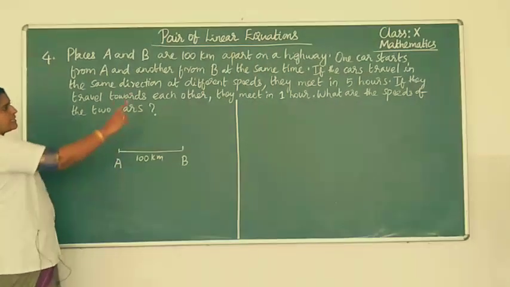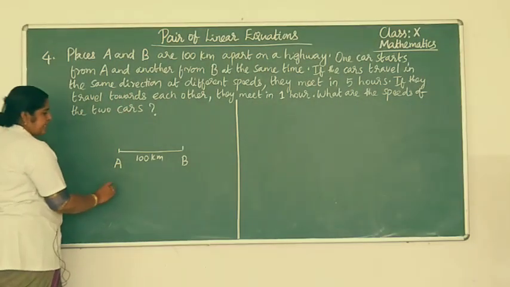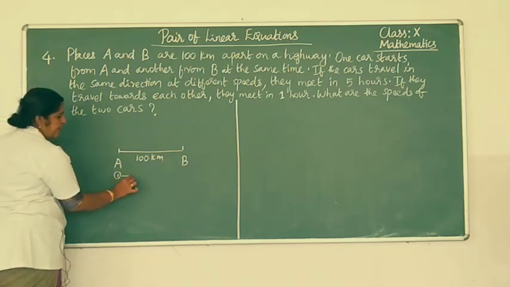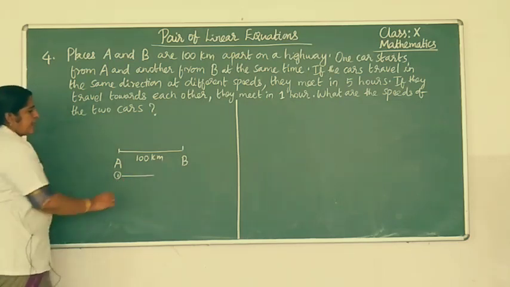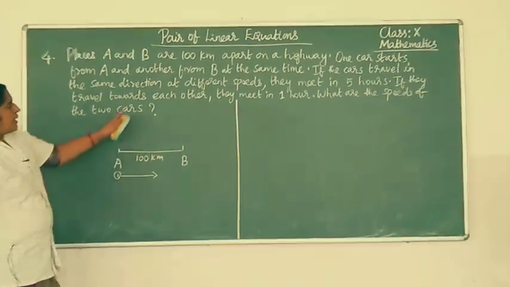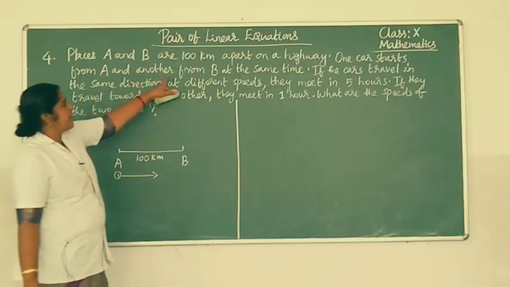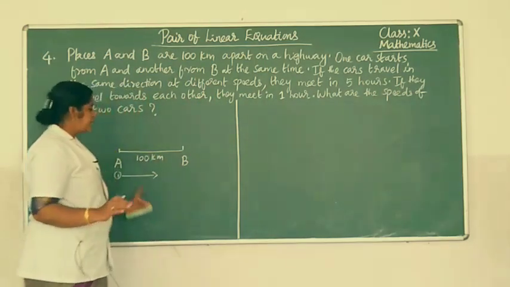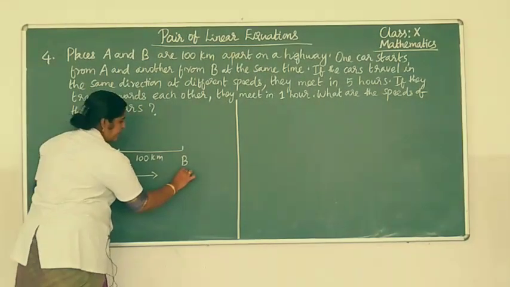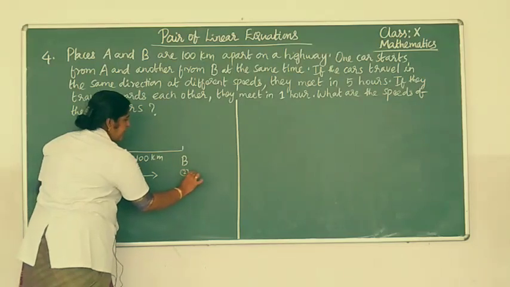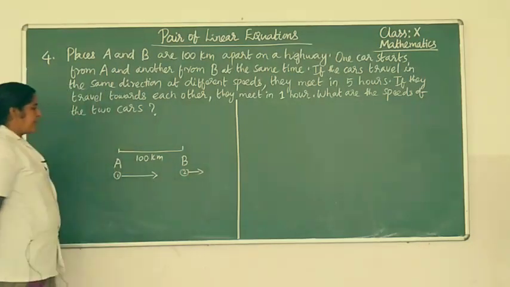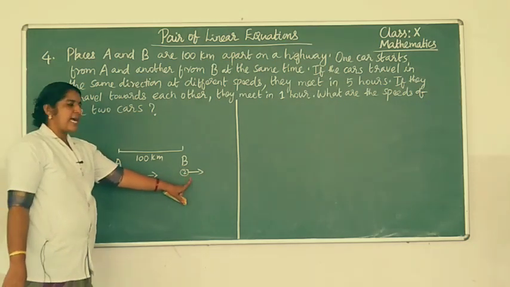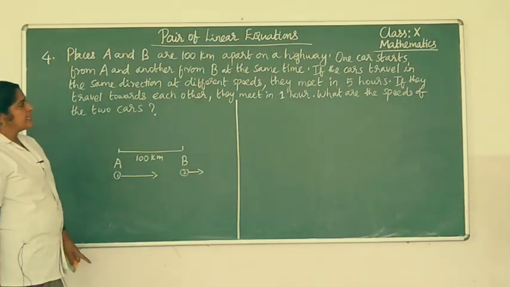Now the first car is starting from place A. So the first car is moving from place A. And the other car starts from B at the same time. So both cars start at the same time. The second car starts from B. Now what is given?